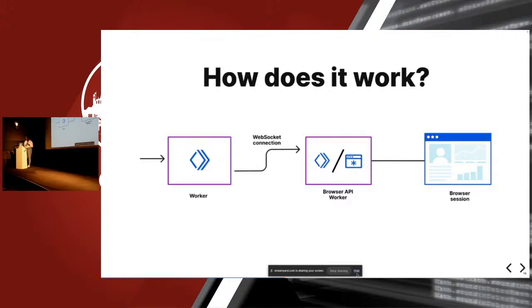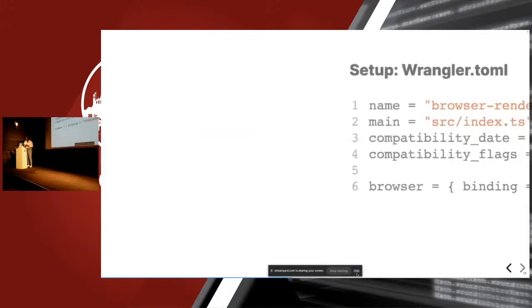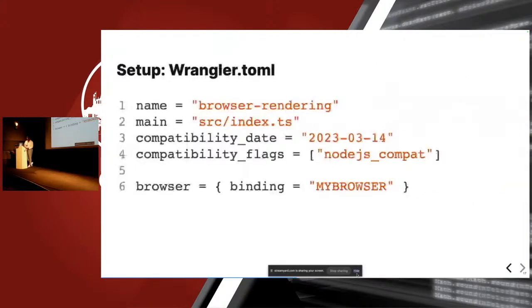And then we've wrapped the Puppeteer library so that it works directly inside your Workers project. So all you need to do when you're starting up a project that uses the rendering API is to install the Cloudflare Puppeteer library. I will show you how to do that in a demo shortly.